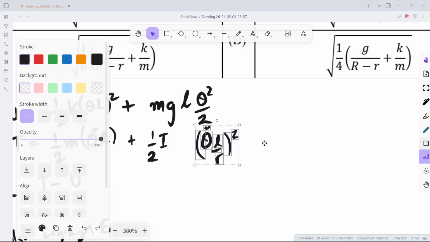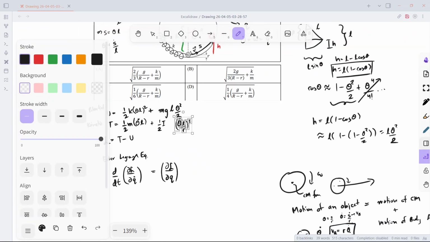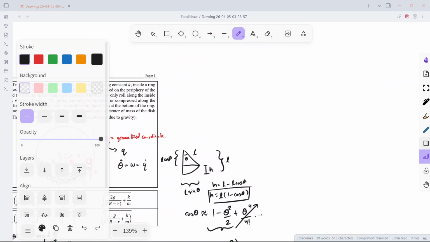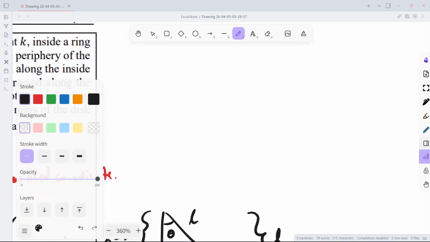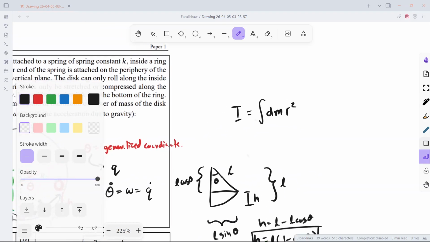Now, as for the moment of inertia of a disk, the moment of inertia is the integral of dm r squared.